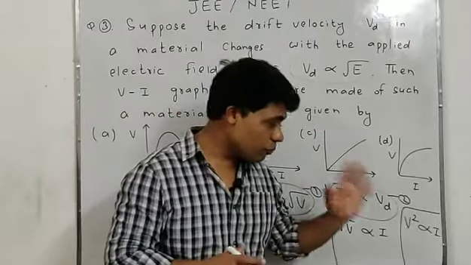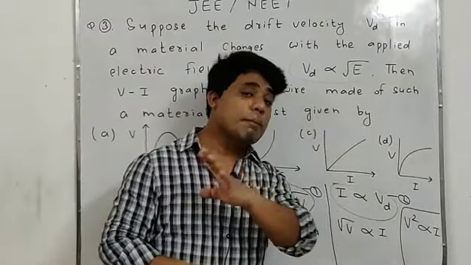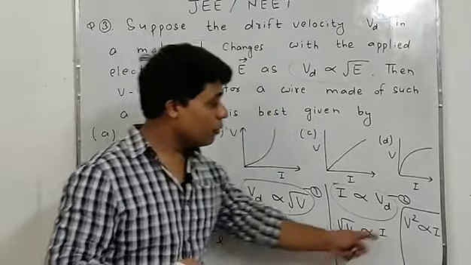So the graph between V and I should be parabolic.